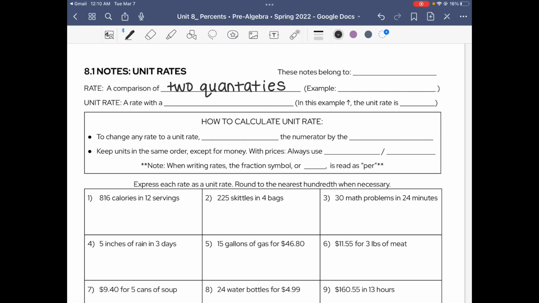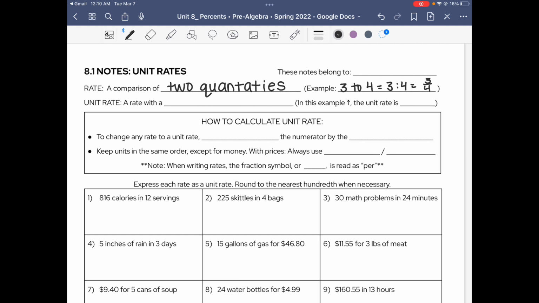So for example, you could write a ratio of 3 to 4, or 3:4, or 3/4. These are all the same ratio.